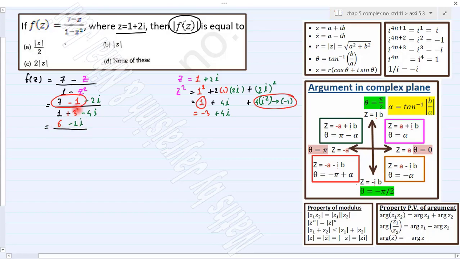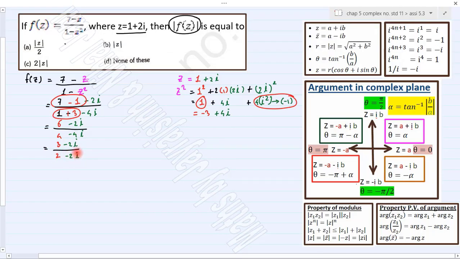And in the denominator 3 plus 1 will become 4 and minus 4i will be as it is. Now if we take 2 common, we will get 3 minus i in the numerator and 2 minus 2i in the denominator. But if you remember, we need mod f(z), so let's take mod on both sides.